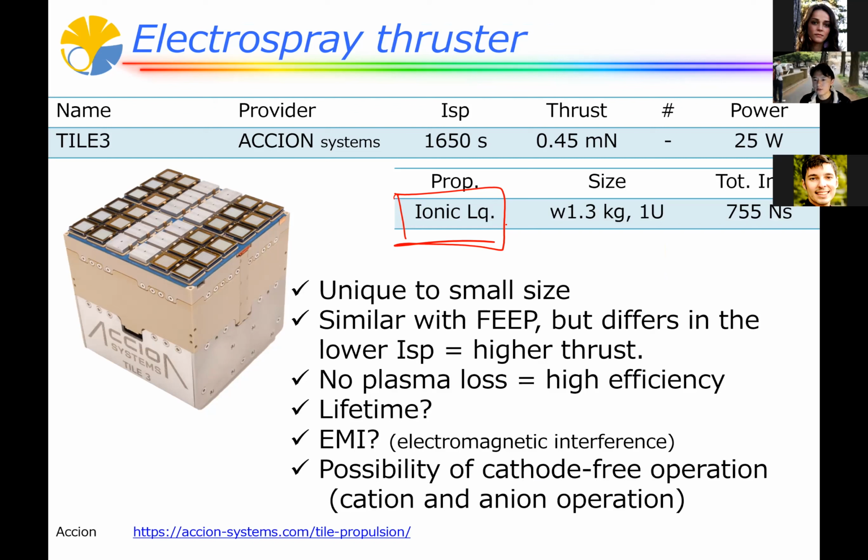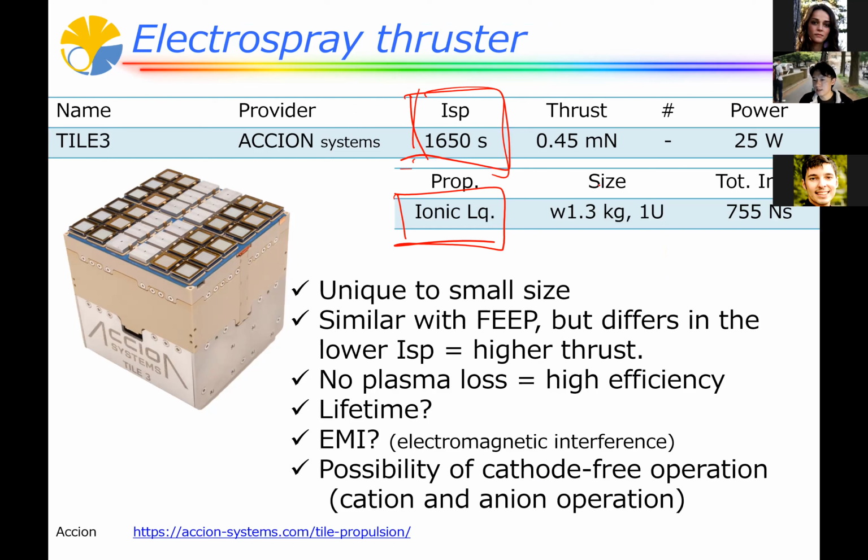Due to that, the performance of this electrospray thruster is quite high among micropropulsion systems. The other feature is a high ISP. To extract ions from the liquid, they use a very high voltage, and due to that, it has quite a high specific impulse.